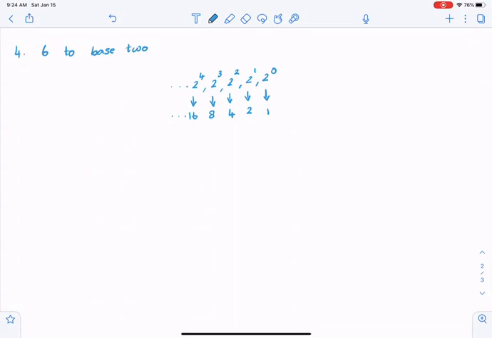And as I get closer and closer to 6, I can see 1 is less than 6, 2 is less than 6, 4 is less than 6, but I cannot go past that because 8 is greater than 6. So I will have 3 digits, 4, 2, and 1. 3 digits from the right-hand side, position 1, position 2, and position 3.